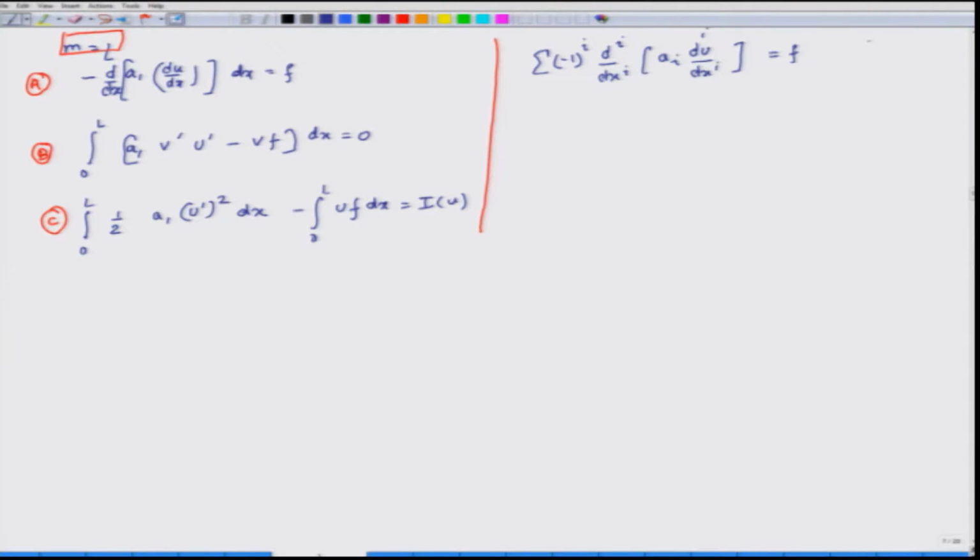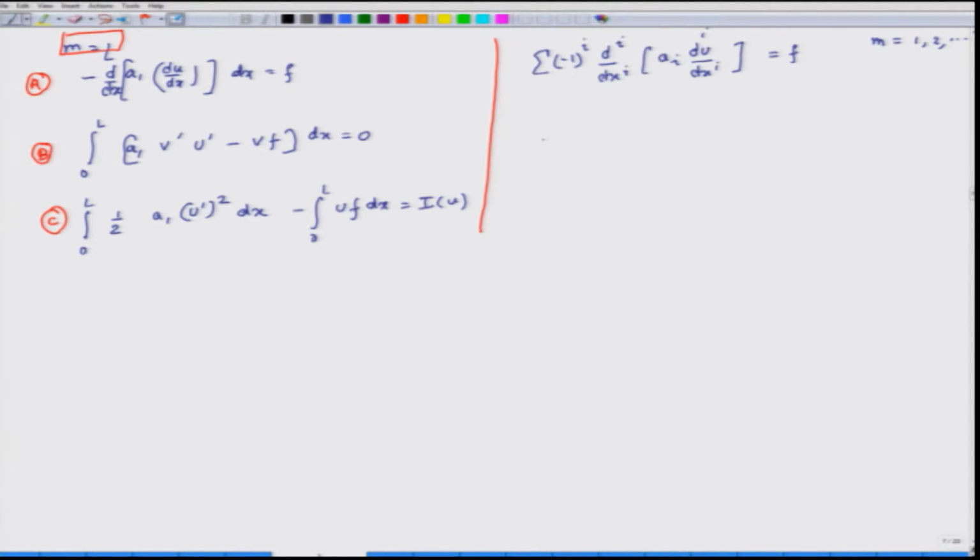This is for i equal to 1 to m. And the associated variational form, just by extending the logic, we will write directly. If you want to find out the mathematical details, you can work into that, but we have already developed the mathematical details for the case m equals 1. You can develop for other values of m also.